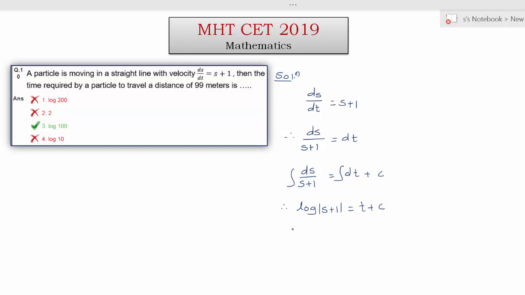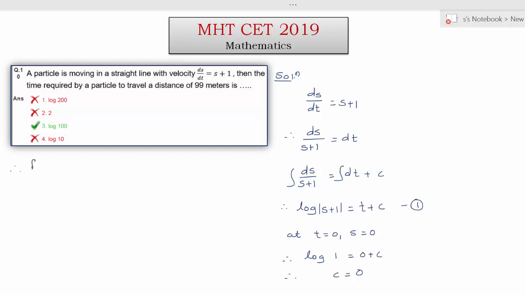Now let's assume initially, that is at t equal to 0, there was no displacement, s is 0. So log of 1 is 0 plus c. Log of 1 is 0, so c is 0. So from this calculation, let's call this equation 1.